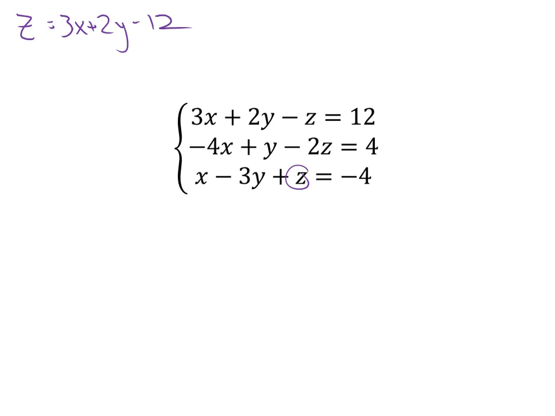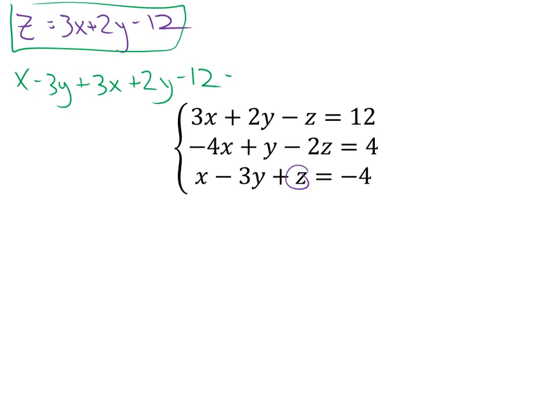And so I have x minus 3y. I want to box this so I know where it's at. Minus 4y plus 3x plus 2y minus 12 is equal to negative 4. Simplify, combine everything, I get 4x minus y minus 12 is equal to negative 4. Solve for y, I get y is equal to 4x minus 8.